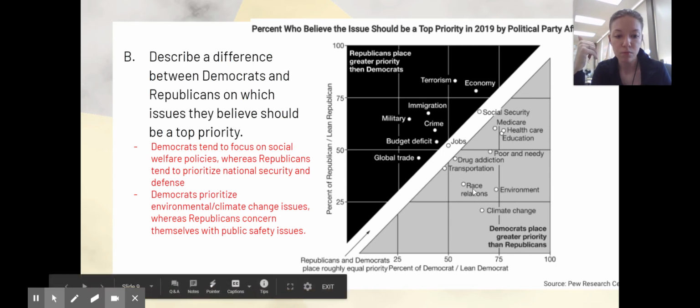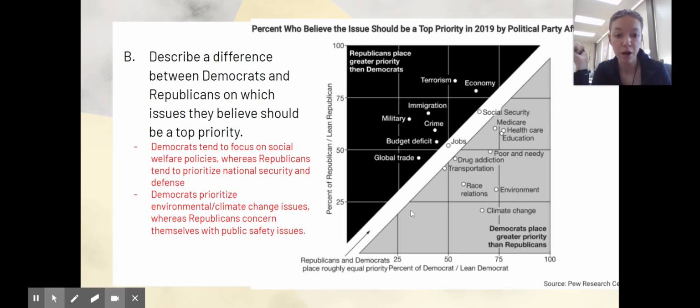We could say like 60%-ish of Democrats place greater priority on climate change versus less than 25% of Republicans if you're looking at this graph. Whereas Republicans concern themselves with public safety issues. Again, talking about crime, military, immigration, right? Those have higher importance to Republicans than they do Democrats.